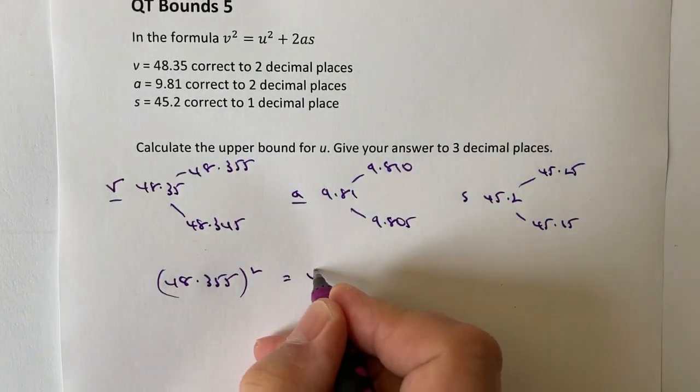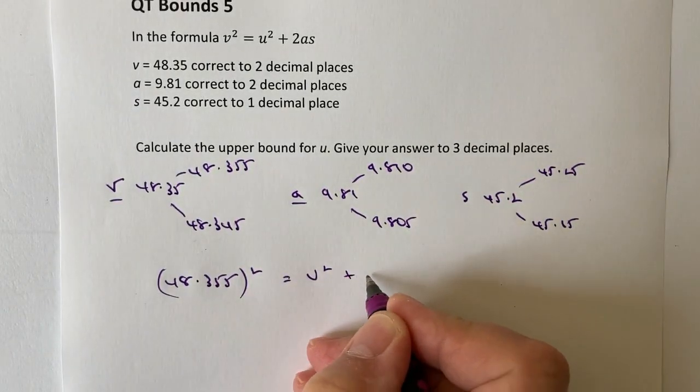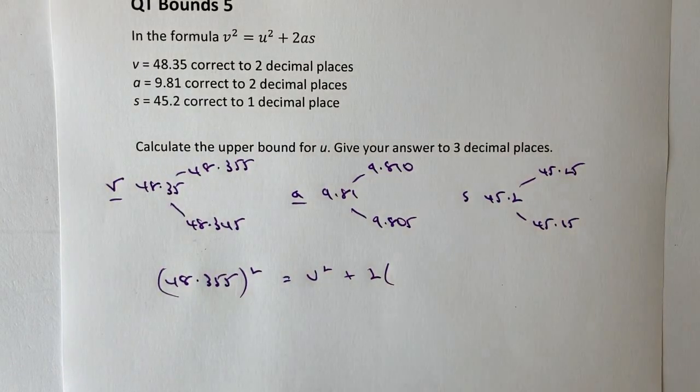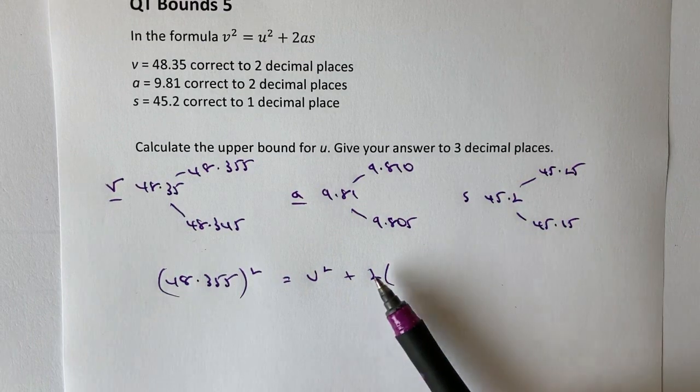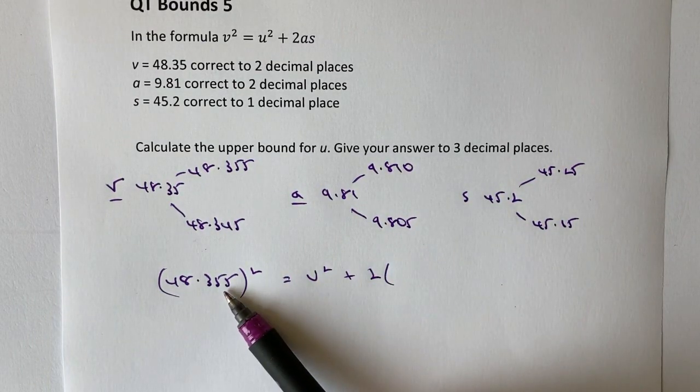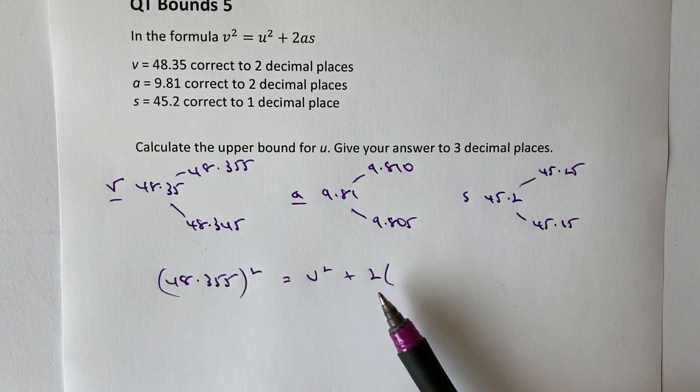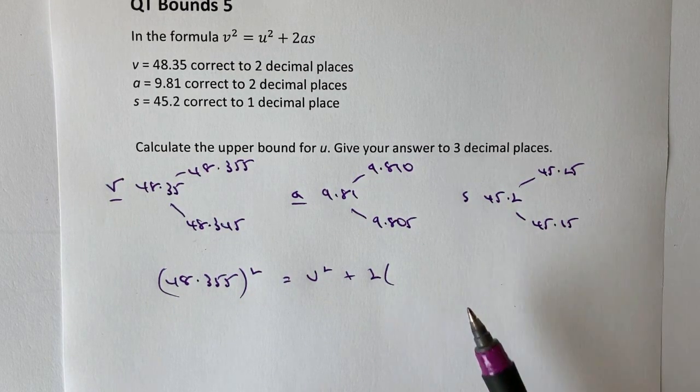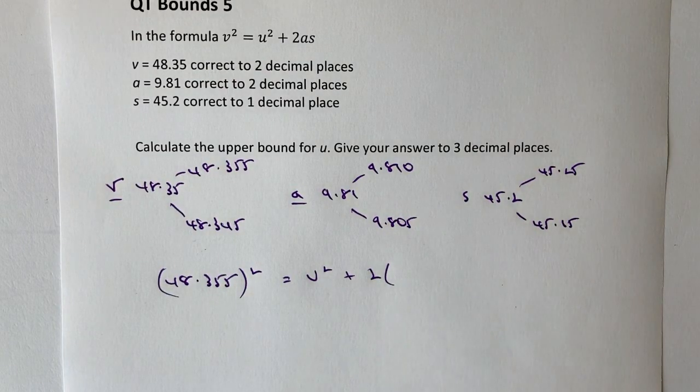But then we've got u squared, and we want 2 times a times s. Well, because of the way that we're going to be subtracting this calculation away from this calculation in order to make it the biggest number, we need these two to be the smallest they can possibly be.